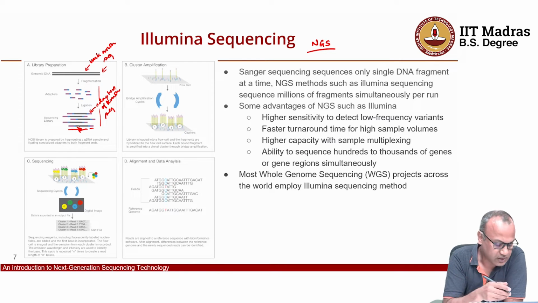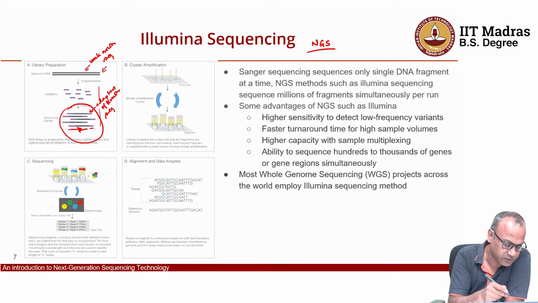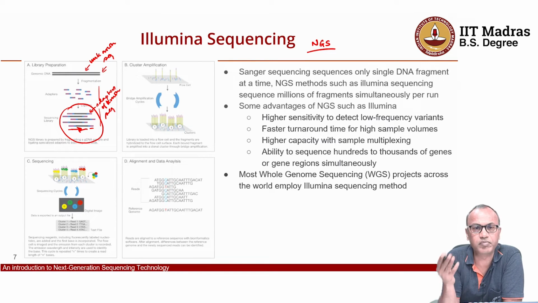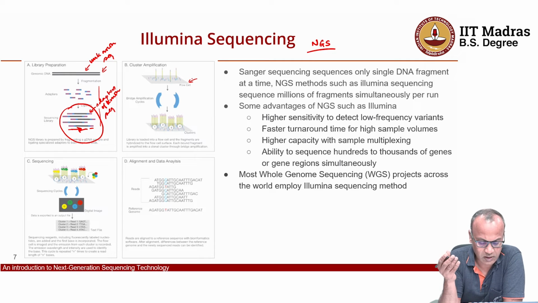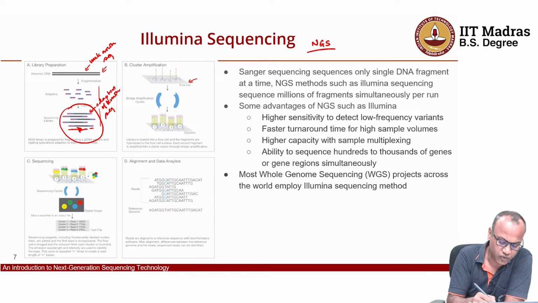This library is a huge number of fragments, millions of such fragments. They are attached to a flow cell, which is one of the microfluidic devices. Because the frequency of having a particular fragment can be very different, what we do is what is called local amplification.